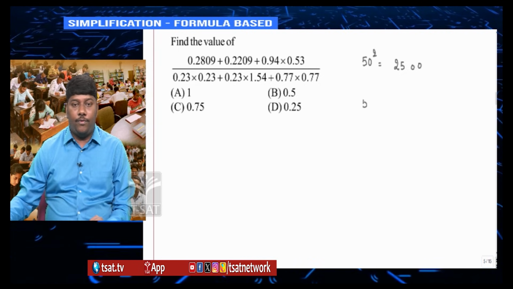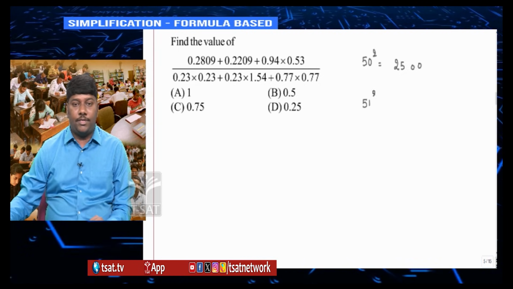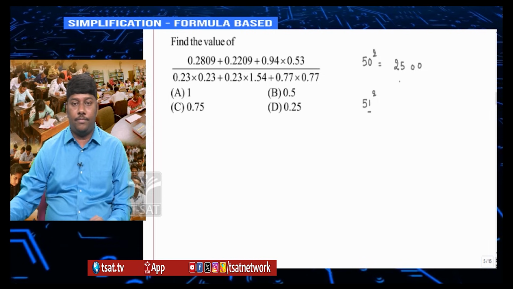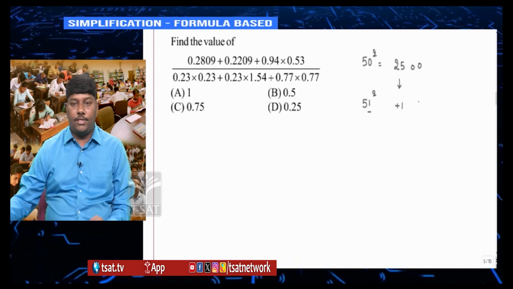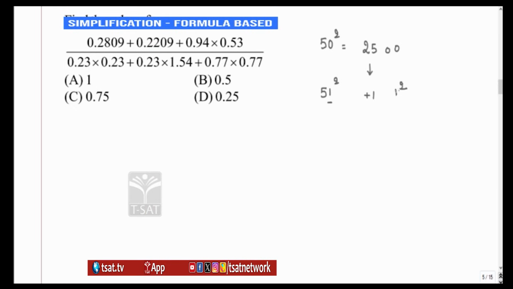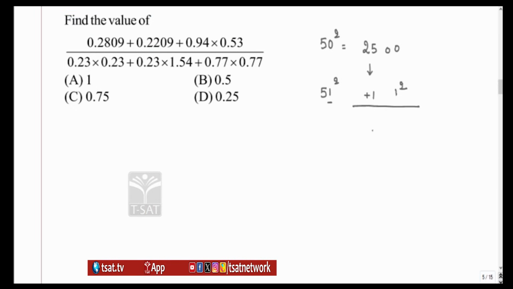When I ask you 51 square, you simply add this 1 to 25, and 1 square to the 00. Therefore, it becomes 2601.